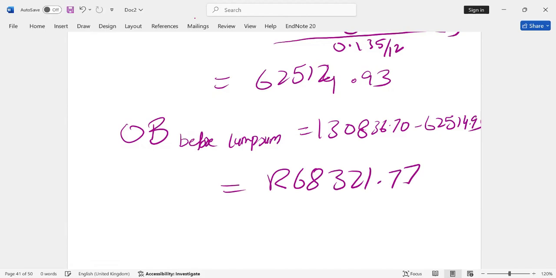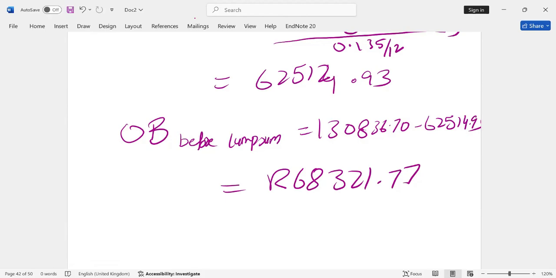The full payment on 1st March 2024 is R 2,300.98. But since the R 2,300.98 installment was already accounted for in the balance of R 68,321.77, the additional reduction in the principal is the lump sum of R 20,000.